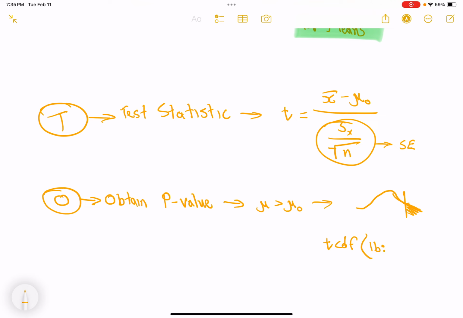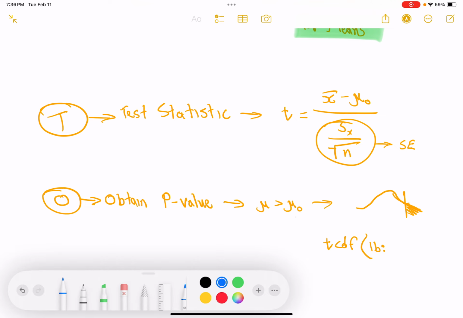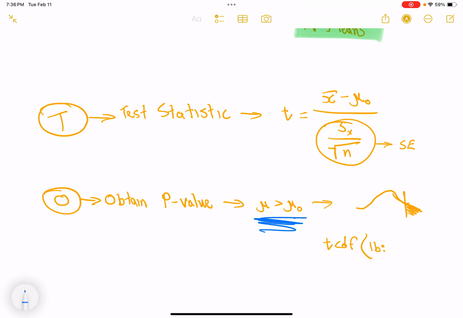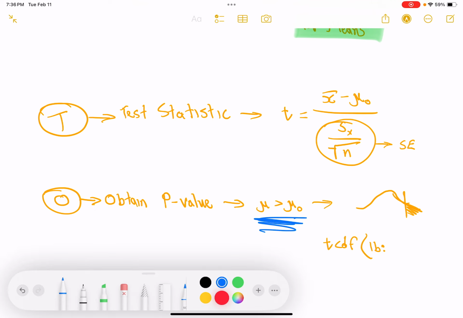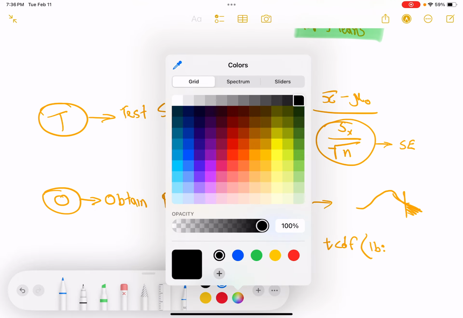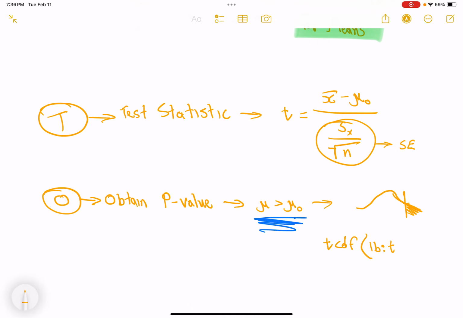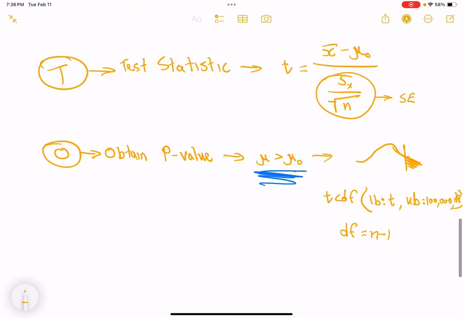If you are in a situation where our mean is argued to be greater than the null mean, then you will make the lower bound the t-value, the test statistic as we call it. And then you will make the upper bound 100,000. And then you'll just put the degrees of freedom, right? Which is n minus 1, if you remember. Okay, so sample size minus 1.